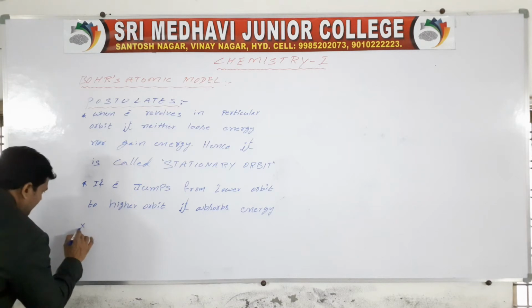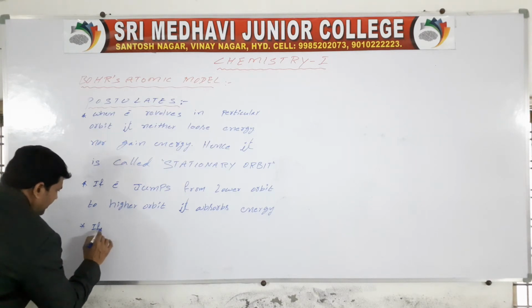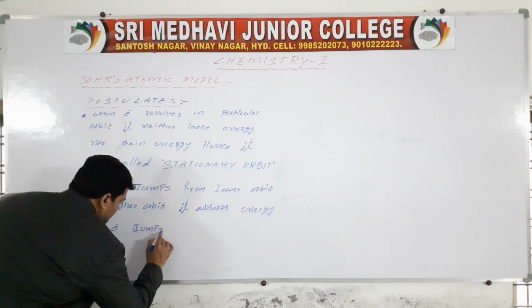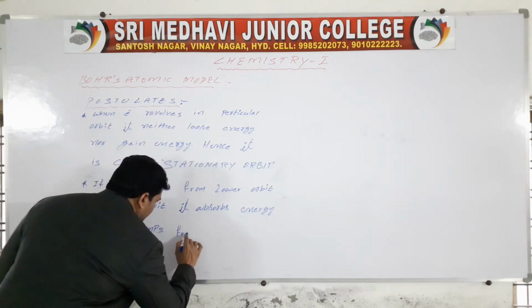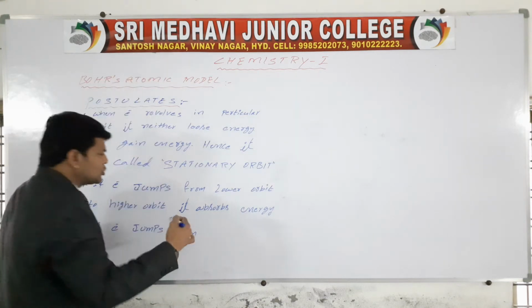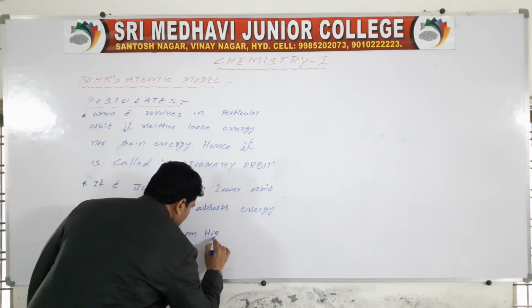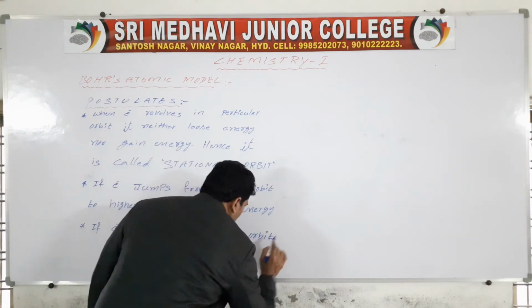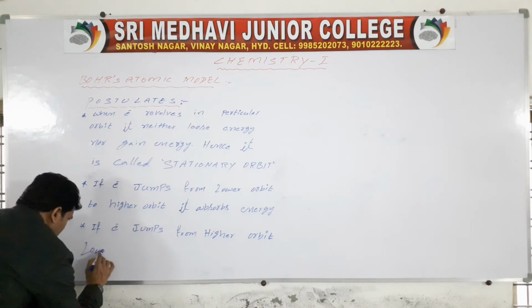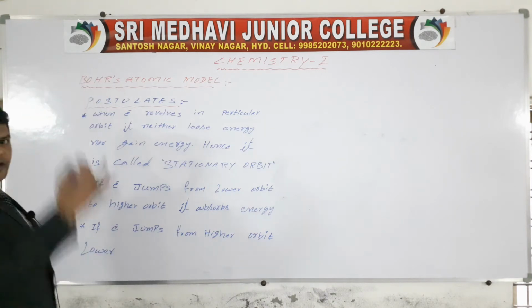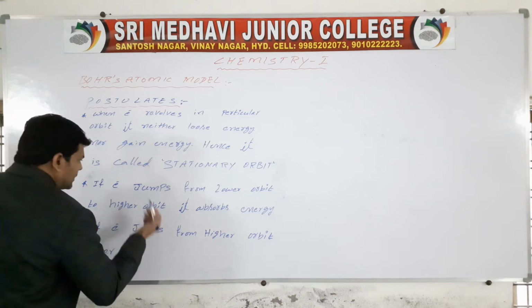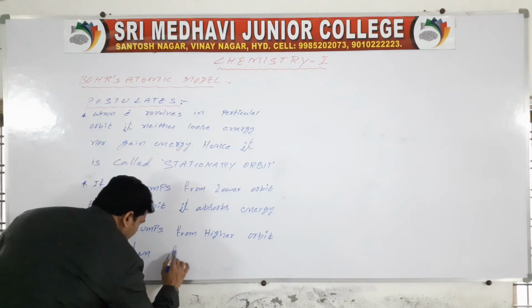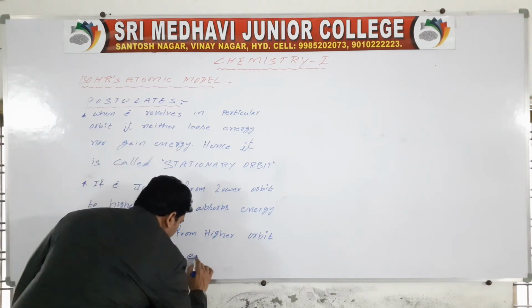In the same way, if an electron jumps from a higher orbit to a lower orbit, then it emits energy.